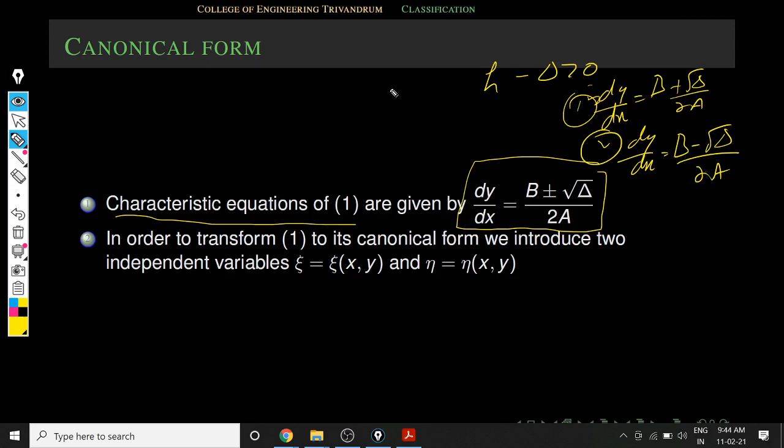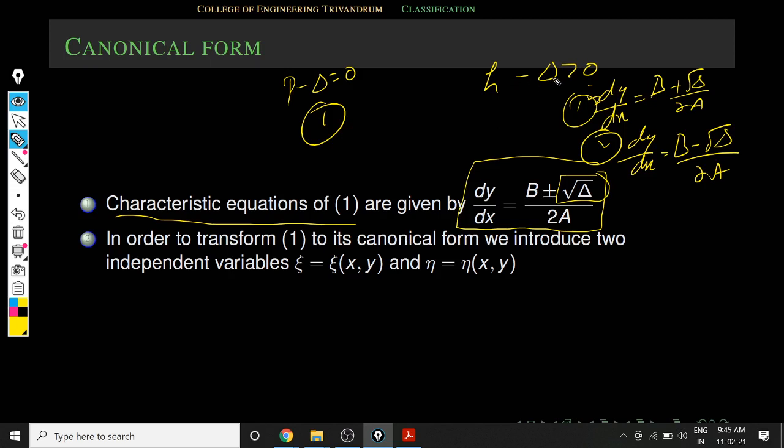Suppose the case is parabolic. Then delta is 0. What about the number of characteristic equations when the differential equation is parabolic? One. Yes, only one, because if delta is 0, the square root term is 0, so b plus 0 and b minus 0 are both the same. So we have only one characteristic.